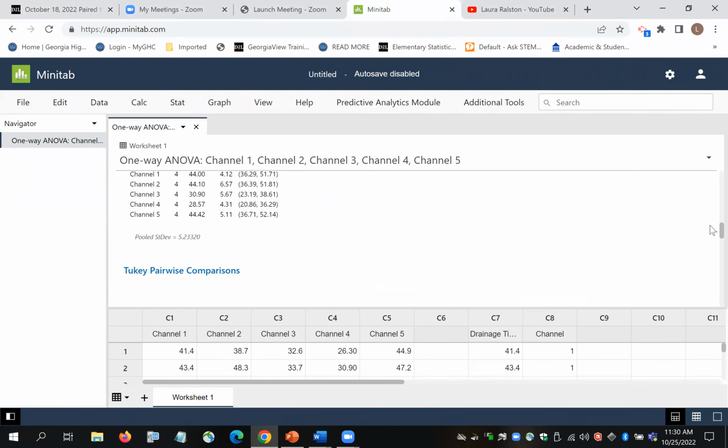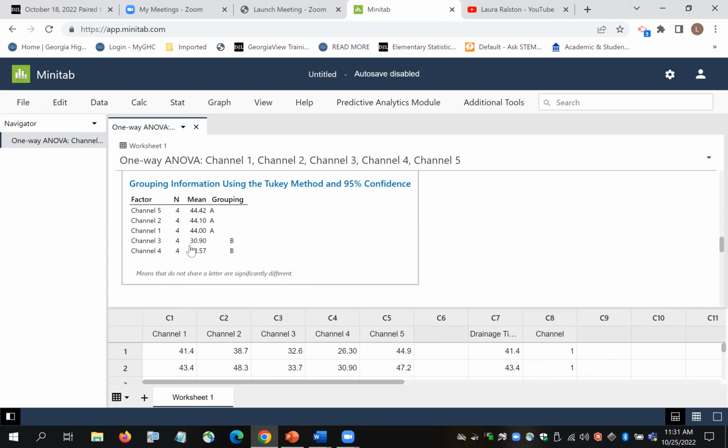But channel 3 takes 30.9, about 31 minutes to drain the flood water, and channel 4 takes only about 29 minutes to drain the flood water. Okay, so you can look at the values of the mean. So looking at those values, it looks like 3 and 4 are different. If I keep looking here, it says means that do not share a letter are significantly different, meaning 3 and 4 are significantly different from 1, 2, and 5.